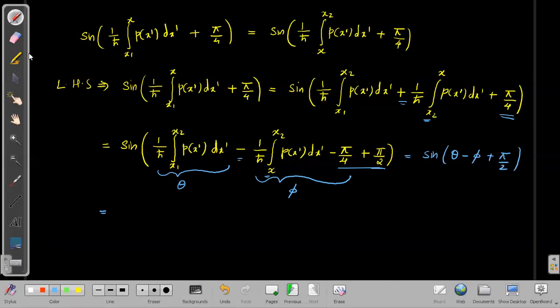Now cos of A minus B can be written as cos theta cos phi plus sine theta sine phi.